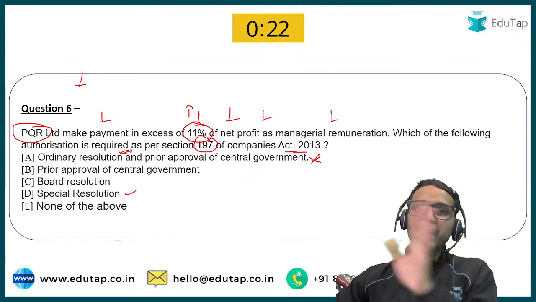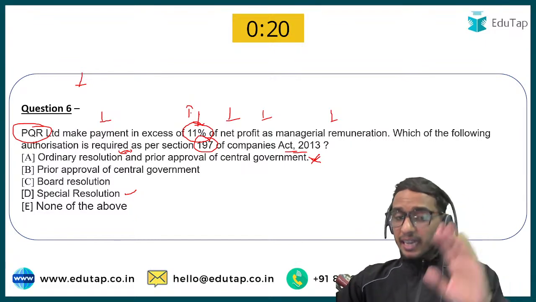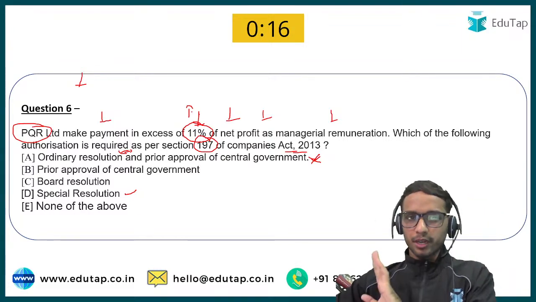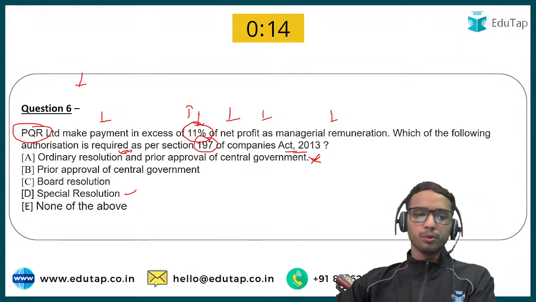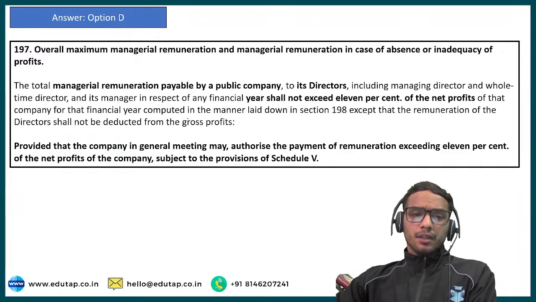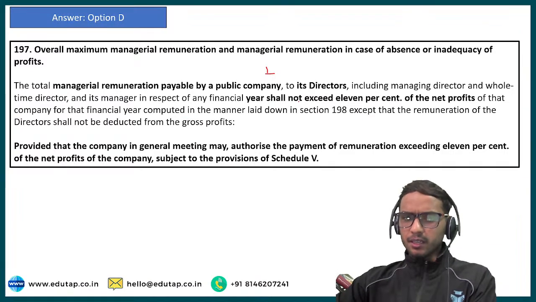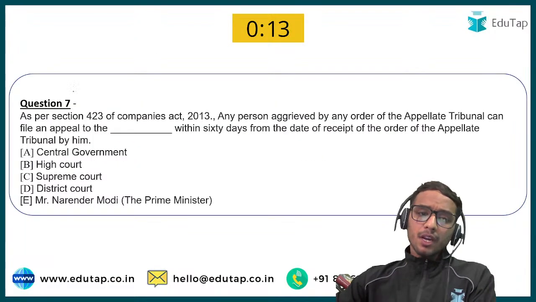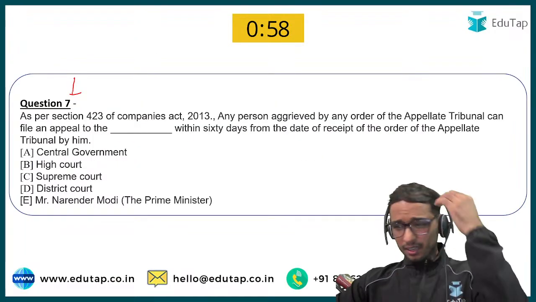So the answer would be 11%, but they can pay in excess of 11% by passing the special resolution. That is also correct. Okay, done everyone? Chalo, let's move ahead. We have discussed this thing, right? That if you want to exceed this 11%, that is to be authorized in the general meeting.